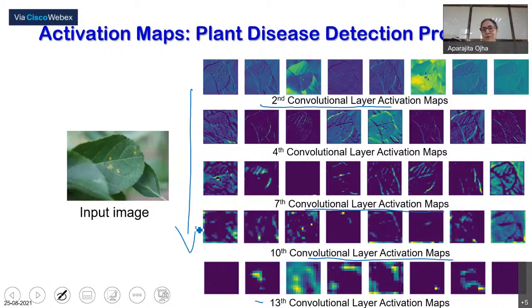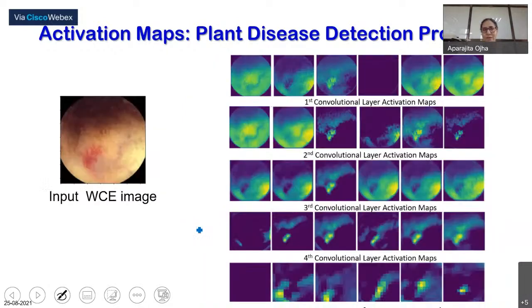Those high-level features are of higher abstraction level. Similarly, if I take a case of wireless capsule endoscopy images, in which another student, Samir Jain, is working, you can see that the feature maps, or the activation maps, which are coming out are somewhat of this type, right?